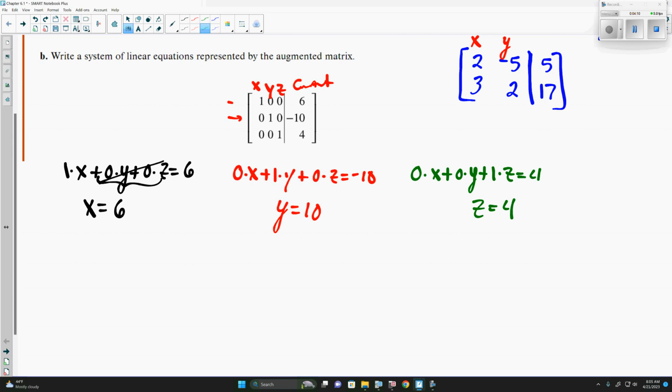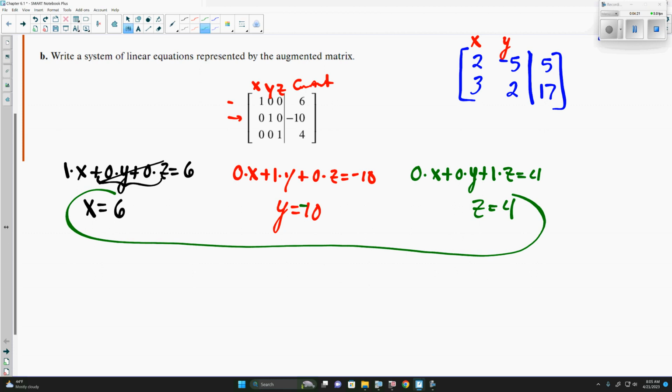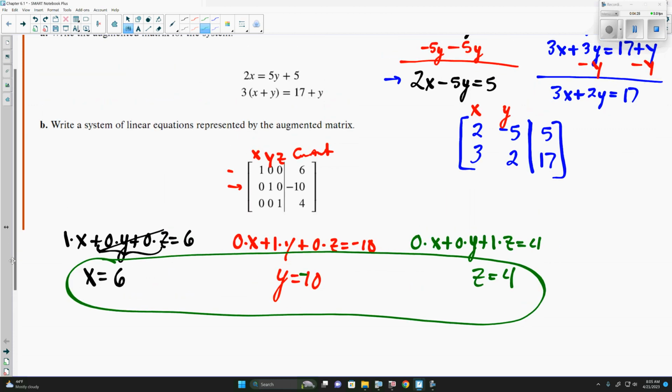It is negative 10, thank you. So y is negative 10, x is 6, and z is 4. And that is it with this here. Any questions on any of this here?